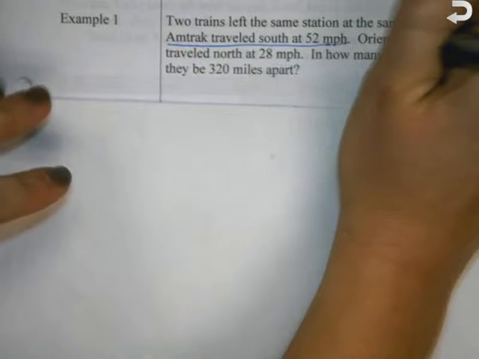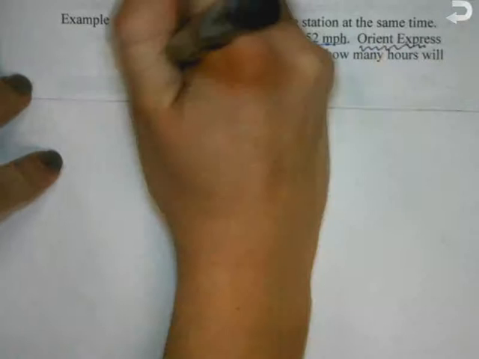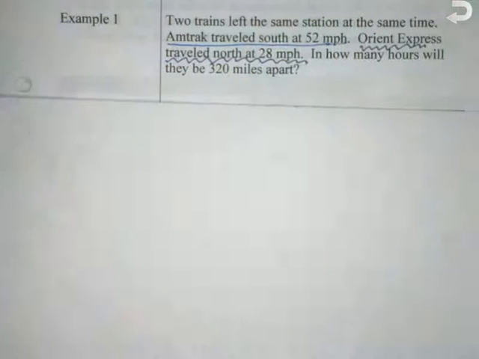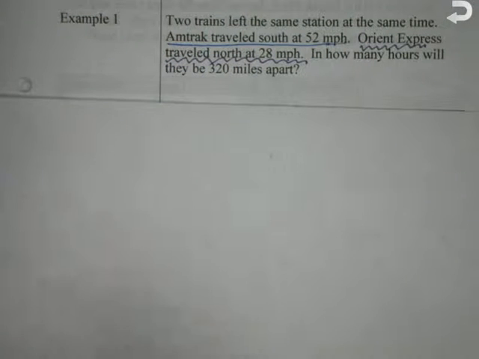Orient Express traveled north at 28 miles per hour. So, purple. So Orient Express is traveling in the opposite direction, but traveling much slower, right? How many hours will they be 320 miles apart?